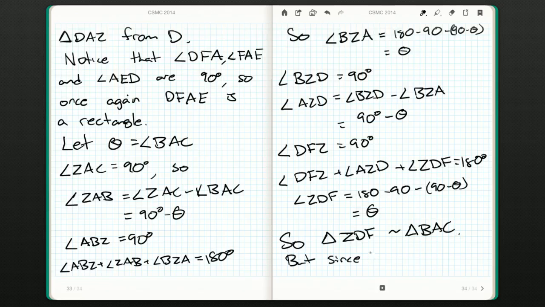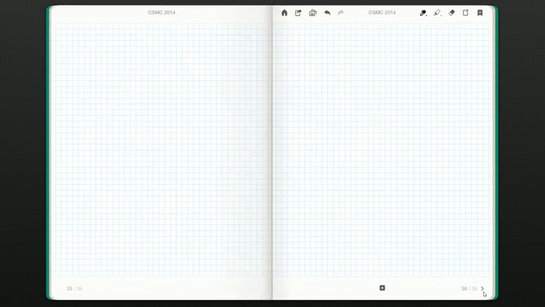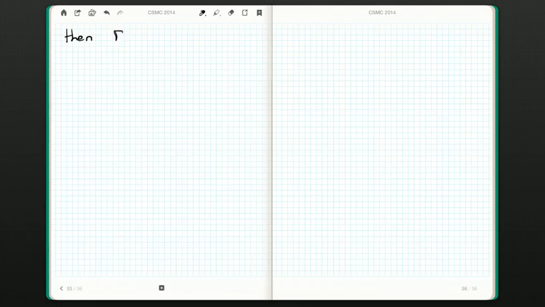But since we have a rectangle, ZBAD, that means that BA is equal to DZ. So rather than just being similar, we actually have that they're congruent triangles.